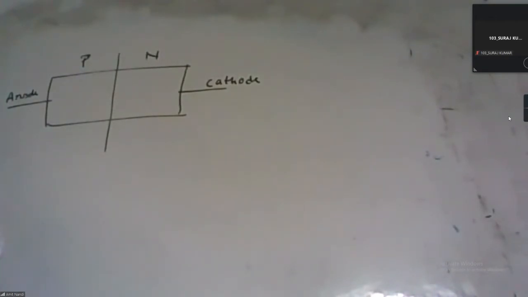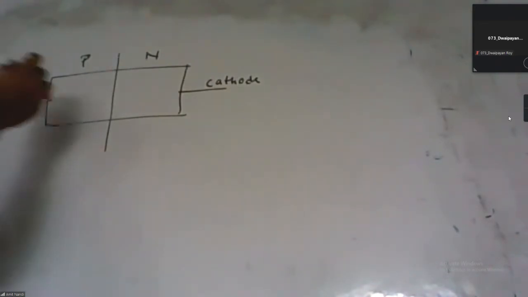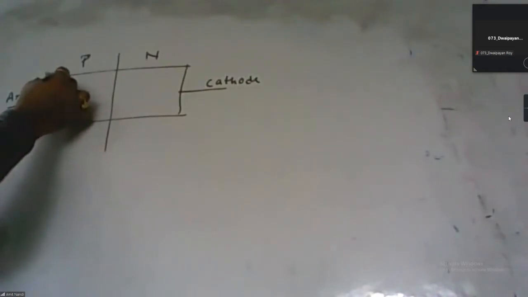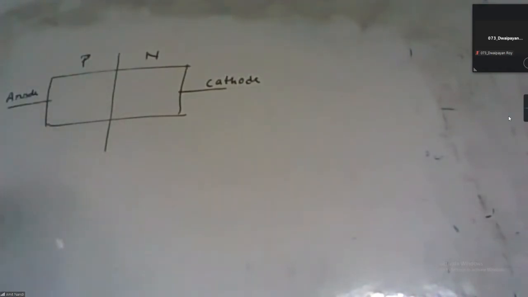So it takes an electron from the neighboring silicon atom, which creates a hole, a vacancy. That means p-type semiconductor can be represented in that way. It consists of a free hole, and since it takes an electron, it can be represented as a negative ion.